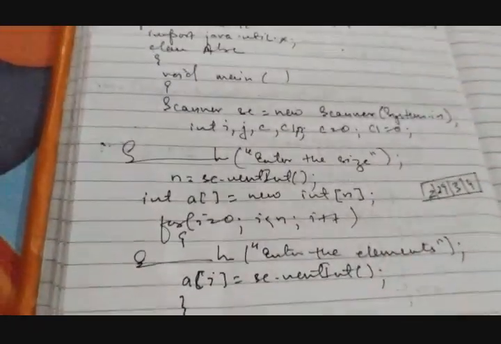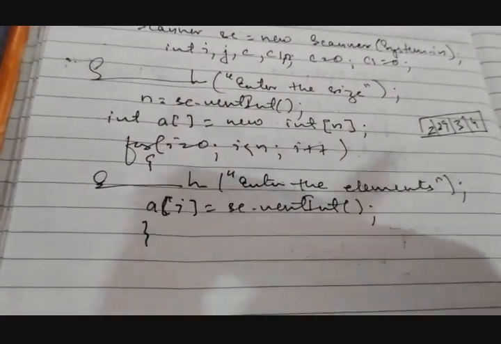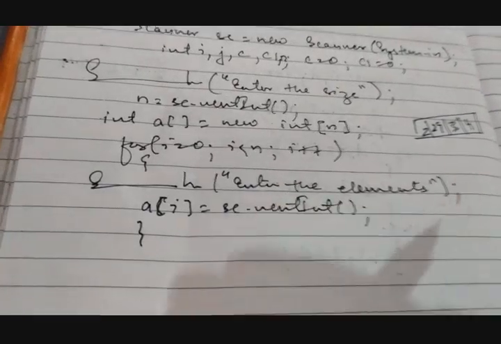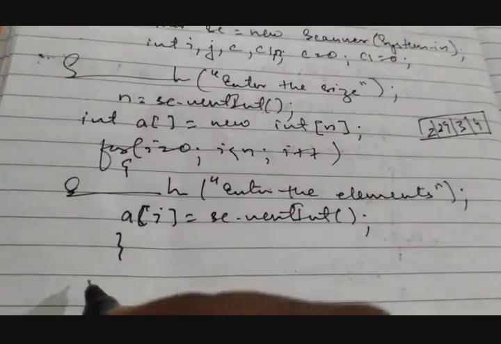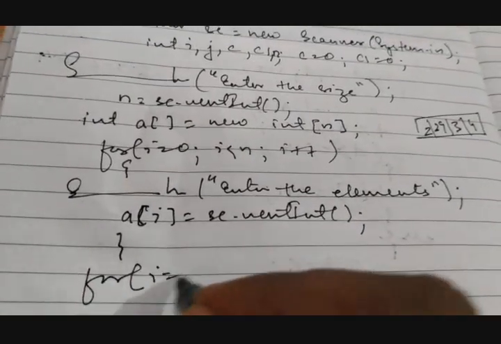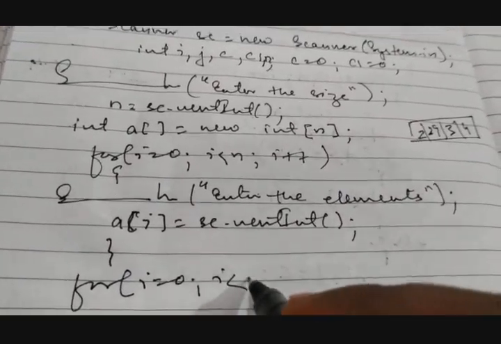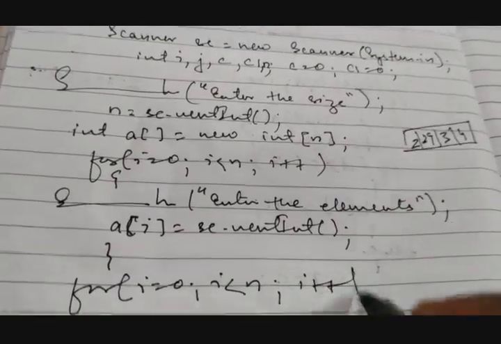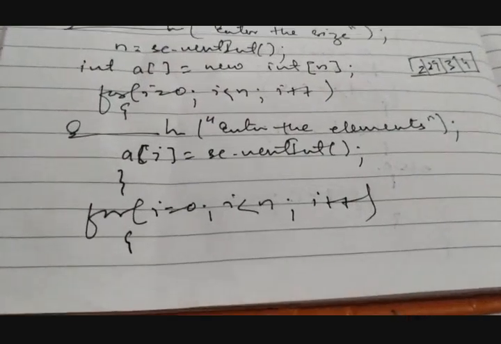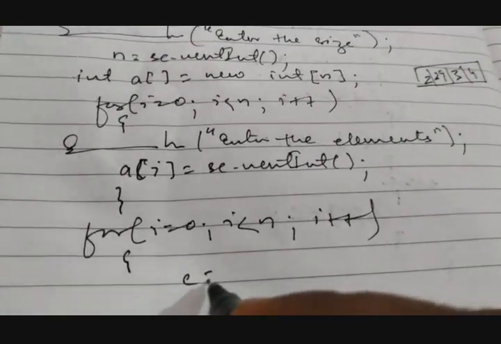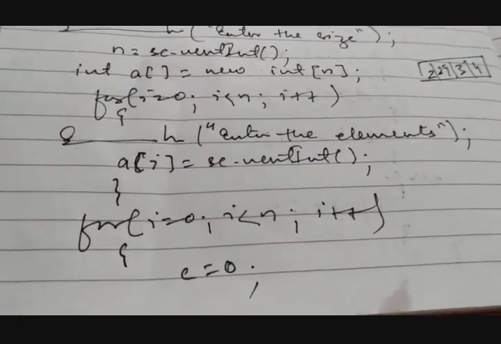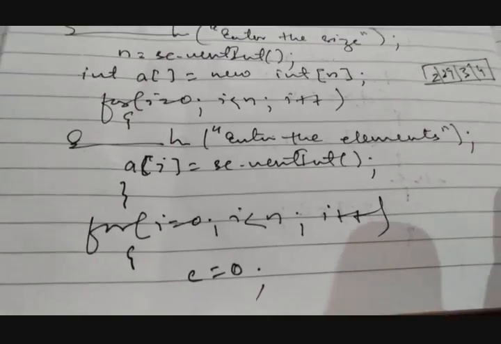Now we have to pick each element and then check whether it is a prime or not. So for that a loop should be there: for i equals 0, i less than n, i plus plus. Since you are picking each element, for each element the counter is set to 0. If you remember, this is the same as finding the prime numbers between a limit.